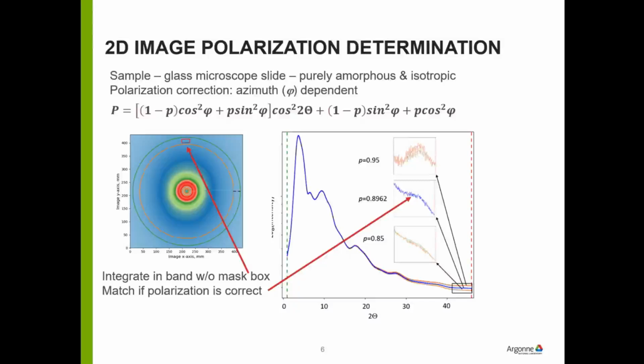And that's how we can measure the polarization. You simply change this value until these 2 match. And you can do this by a little least squares routine, which in the middle of that least squares routine is an integration of the image. Anyway, so that's that.